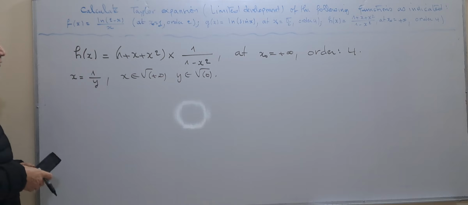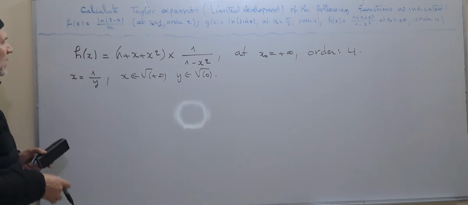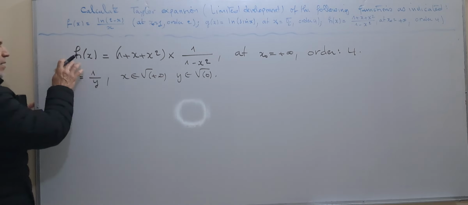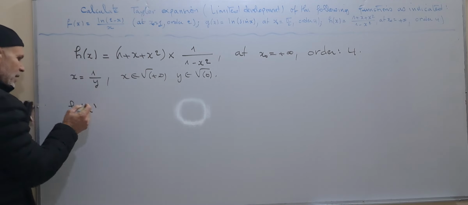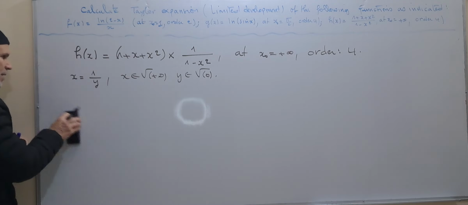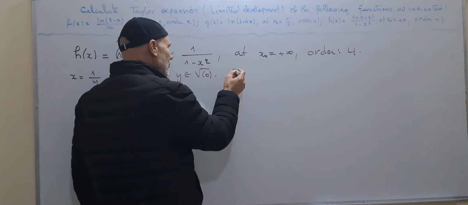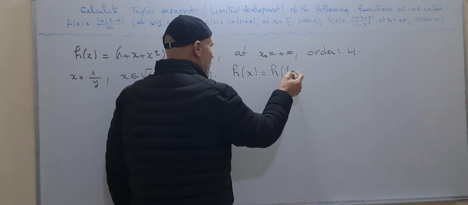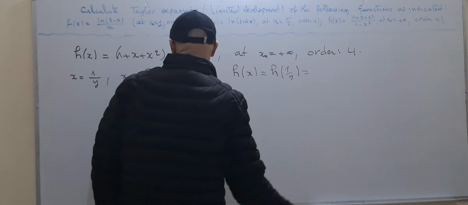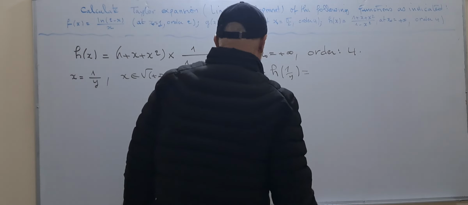These are the useful and usual functions. So our function h of x will take this form. h of x will be equal to h of 1 over y, and it takes this form.